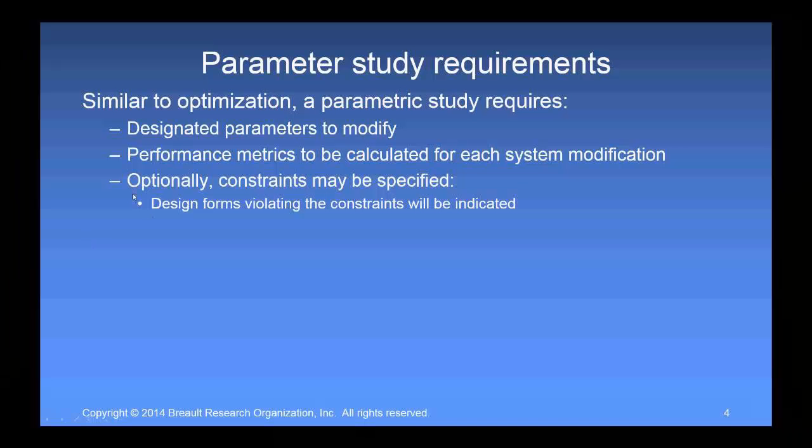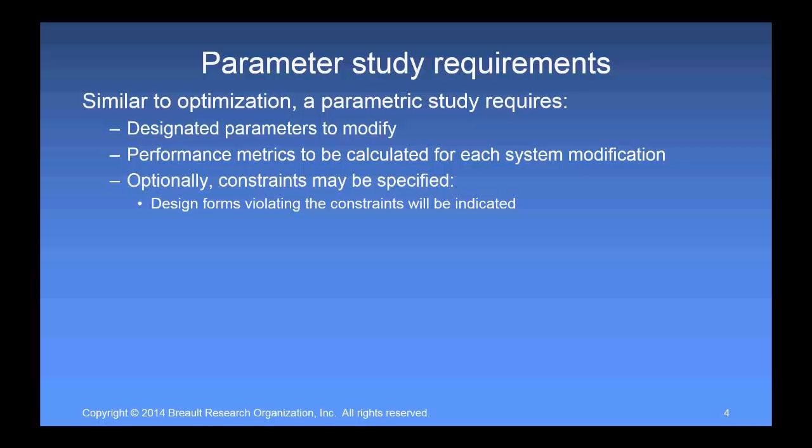You also need to define some type of performance metric or performance metrics that you want calculated for each system modification. Okay? You might think of these as sort of a merit function, but again, no optimization is being performed. Apex will simply calculate one or more values as a result of each of these iterative changes and present that information to you.